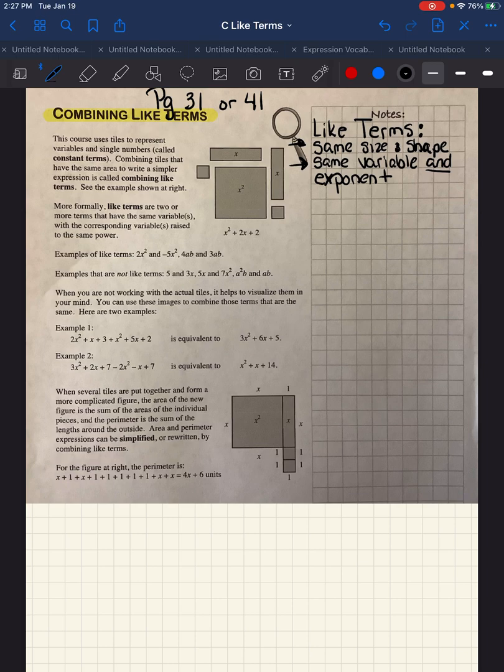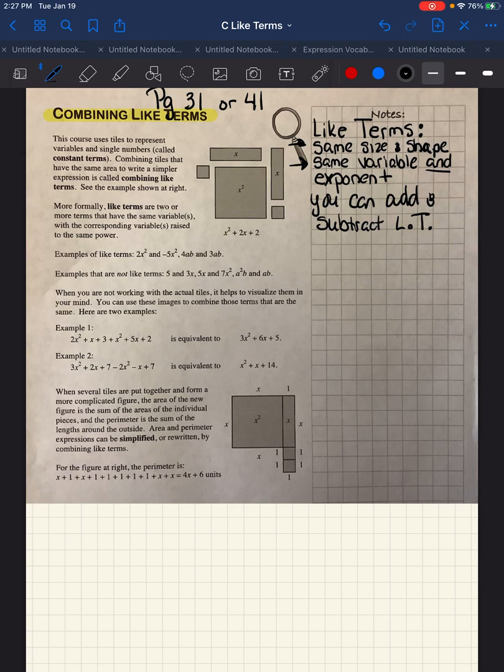It's either the same shape and size when you're looking at tiles, or if you're just looking at the numbers, the terms, same variable and exponent, and numbers are just numbers. So what's the big deal about like terms? Well, you can add and subtract like terms to simplify the expression that you have.